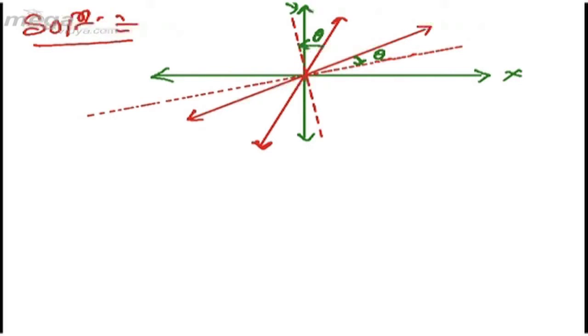Now suppose the angle between these two is alpha, then that line will subtend angle alpha by 2 and alpha by 2 with these two lines. Now in the new situation, the angle bisector of these two dotted lines will also make the same angle: alpha by 2 plus theta with this line and alpha by 2 plus theta with this line.